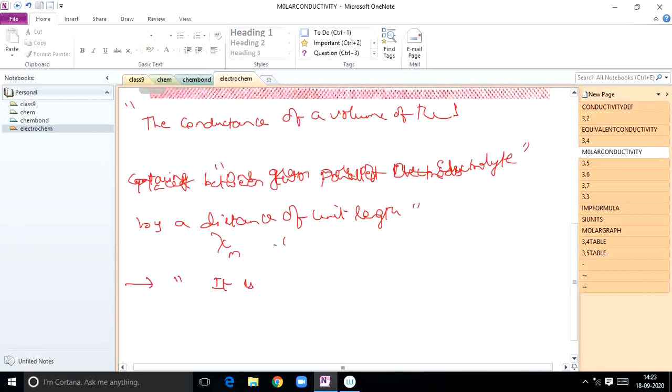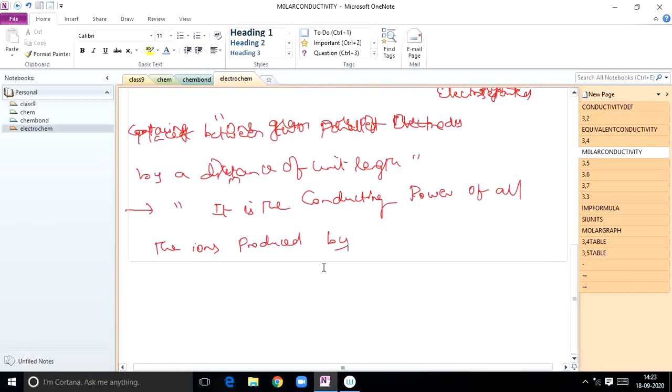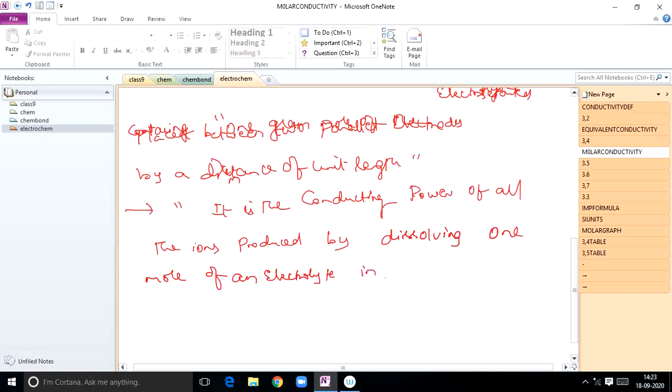It is the conducting power of all the ions produced by dissolving 1 mole of an electrolyte in V ml of the solution.